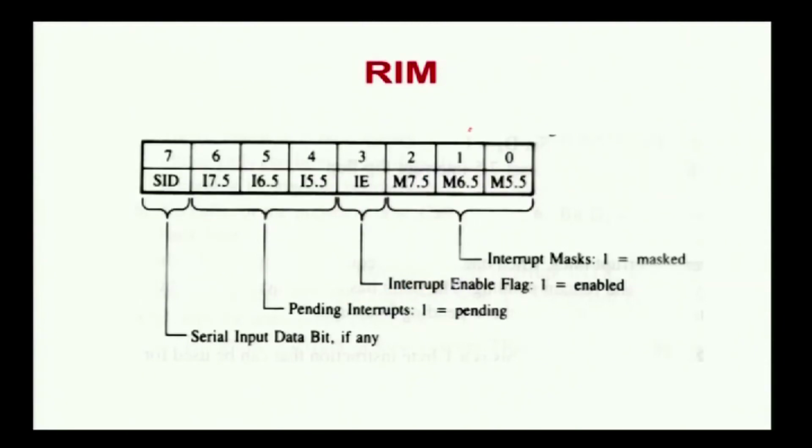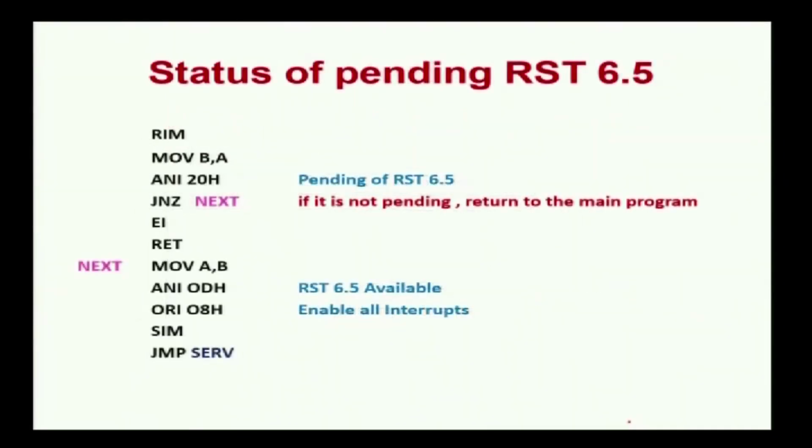To activate the enabling signal for RST 6.5, we have to write 0 here. The remaining signals are high because they are not enabled. Then the IE signal should be enabled, then only the corresponding interrupt will be recognized. So, during that time the remaining signals will be 0. By this we are getting the value 0DH. So, here as per our discussion, now the value is not 0.